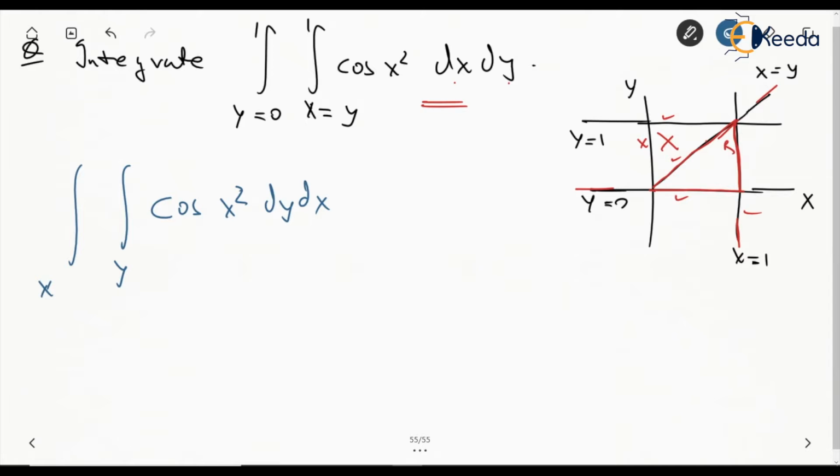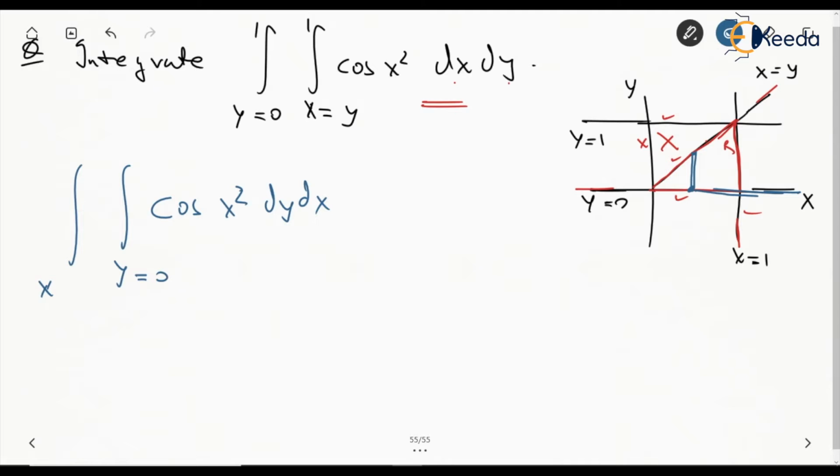So integration in terms of dy first means that we'll have to take a vertical rectangle, right? This is the vertical rectangle, and we can see the initial point lies on this, which is y is equal to 0. So the lower limit is going to be y equal to 0.